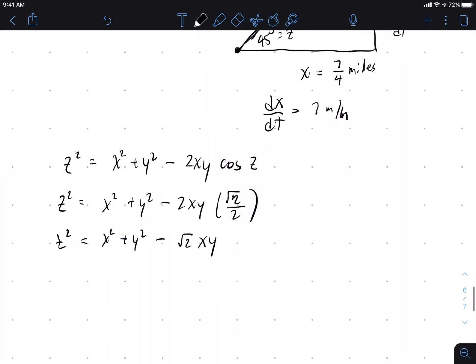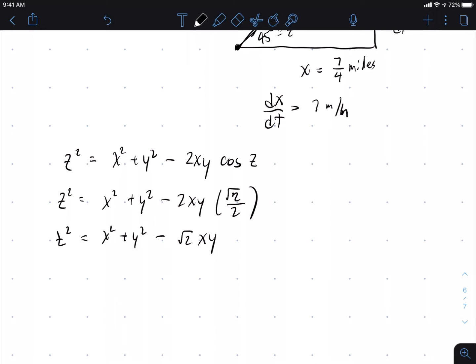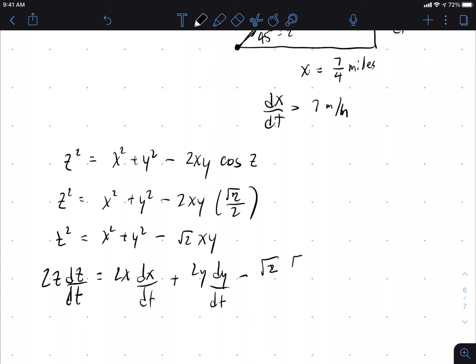Okay. Now let's take the implicit derivative of this thing. So we're going to get 2z dz dt is equal to 2x dx dt plus 2y dy dt minus, oh Lord help us, radical 2 times dx dt y plus x dy dt.